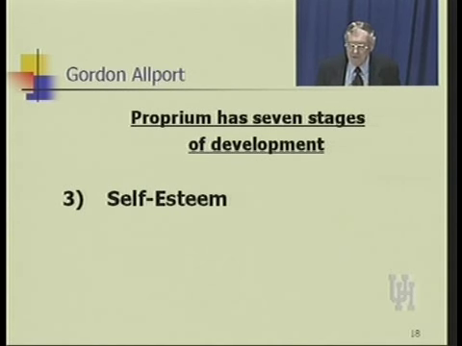And Allport saw this actually as a very important stage. He noted that during it, children tend to reject everything parents suggest so that they can establish their own sense of uniqueness.